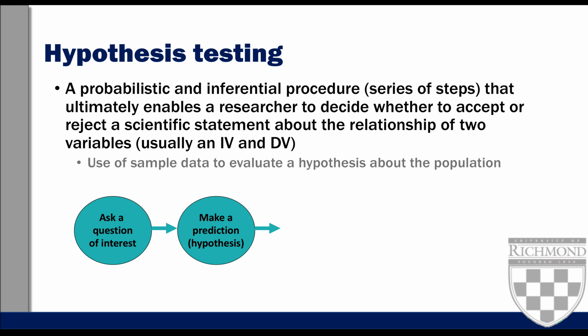For example, in a lot of my work, I might be interested in whether there's a relationship between how much support a veteran receives at home and subsequent expression of post-traumatic stress disorder, and the severity of that disorder.